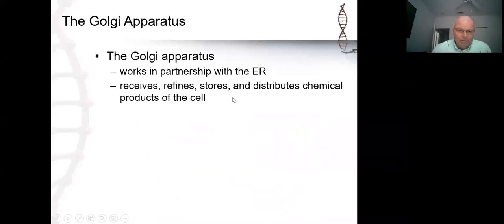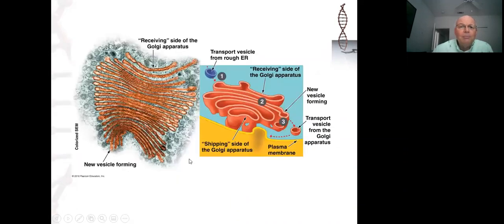So let's talk about the Golgi apparatus. Again, it's the cell's warehouse. So when we take a look at the Golgi apparatus, there are two clear sides to the Golgi apparatus. And you can see that it looks very much like an extension of the endoplasmic reticulum in terms of the folded sheets of membrane that look very much like the rough endoplasmic reticulum.